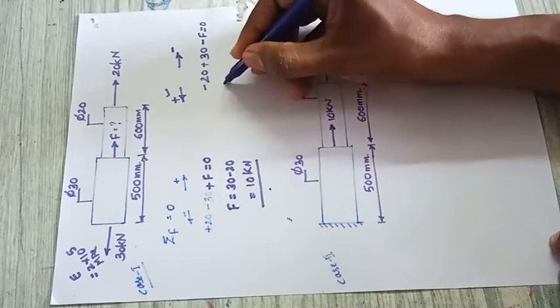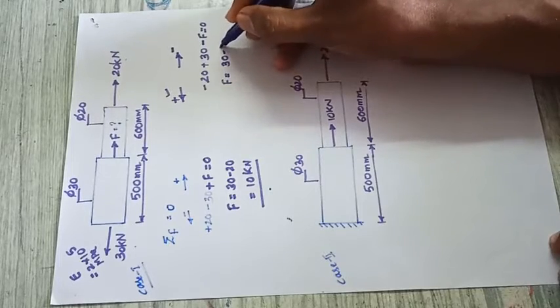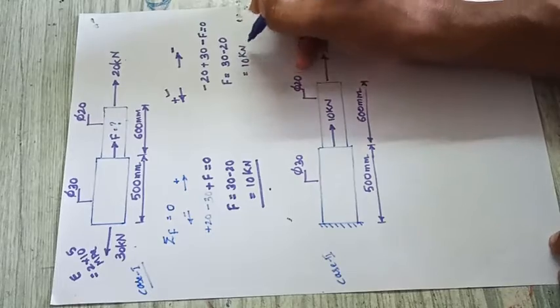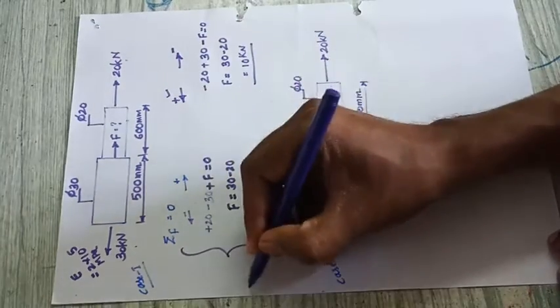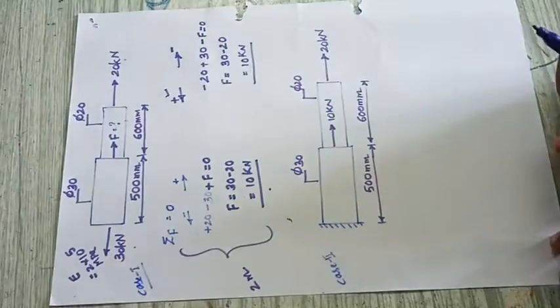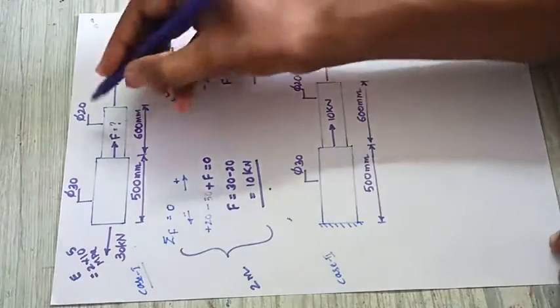Once again I get the same thing: F is equal to 30 minus 20, so the answer is 10 kilonewton. This step carries 2 marks. Out of 10, he allocates 2 marks for this step to find the unknown force.